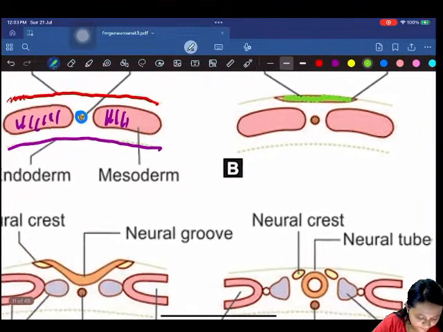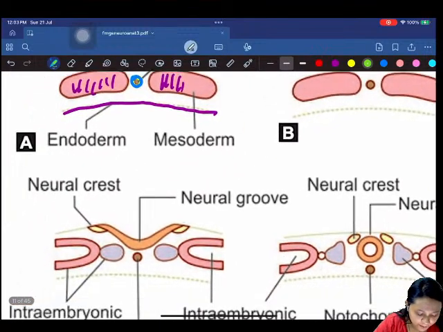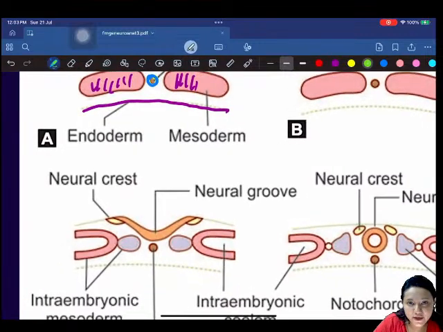And what happens? This neural plate will invaginate down, and then a groove is developed, and this groove is your neural groove. On the sides, this side area is known as the neural crest, because you have a crest and then you have a groove.